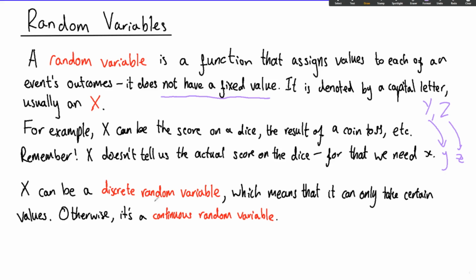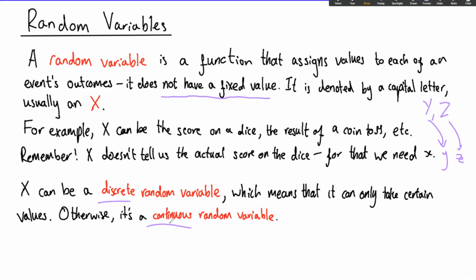Now, the next thing is that it can either be a discrete random variable or a continuous random variable. So X, if it's discrete, it means it can only take certain values. For example, the score on a dice, that can only take values from 1 to 6, integer values. So it's discrete.